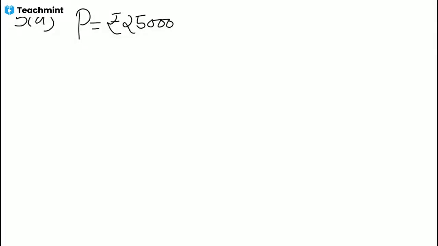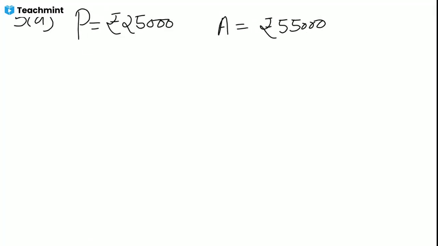Fifth question, part A. Here we have P. Concentrate on this question, because there is a little bit of a trick here. Principal is 25,000 and amount is accumulated to 55,000, meaning finally he will get rupees 55,000. We need to find R. N is 12 years.